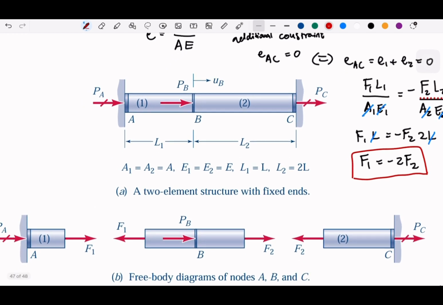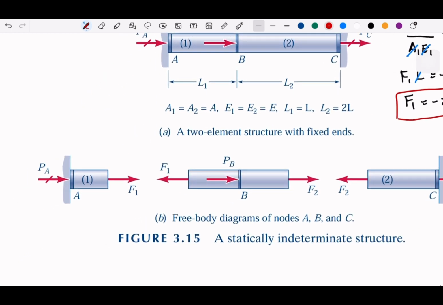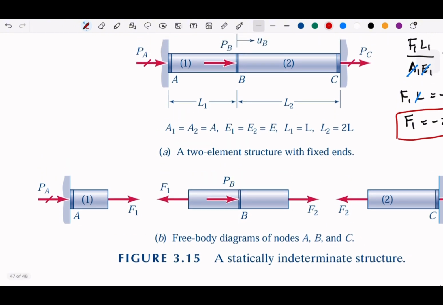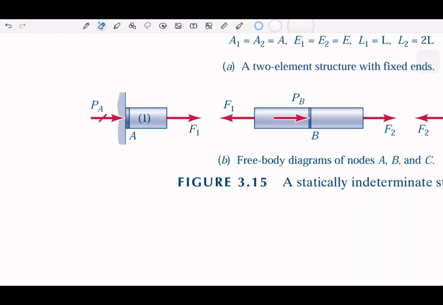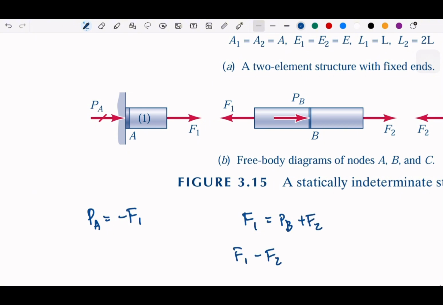And then from these three diagrams, we can get all the equilibrium for PA and for PC, since we know the relation between F1 and F2. So from here we get PA. PA is negative F1, and then F1 is PB plus F2, so we have F1 minus F2 is PB.